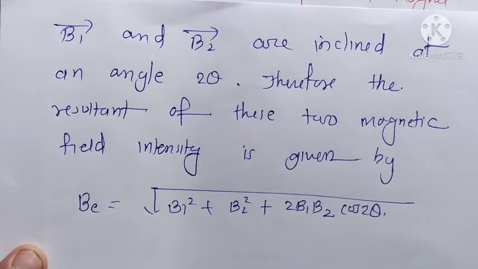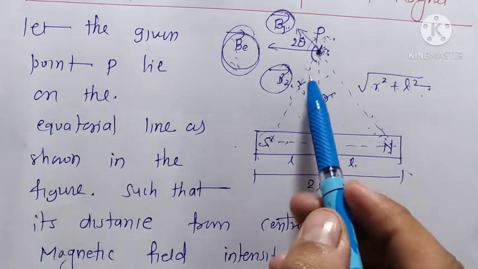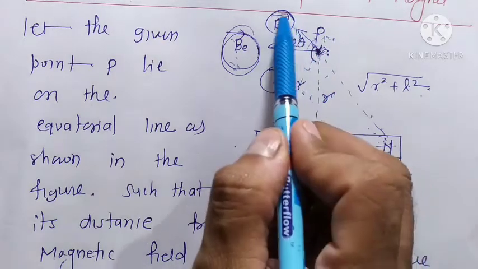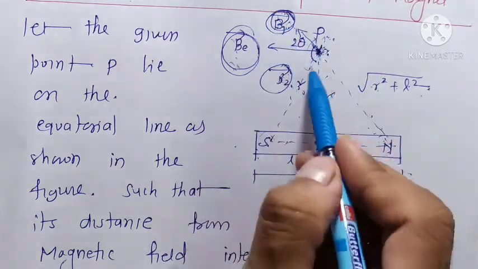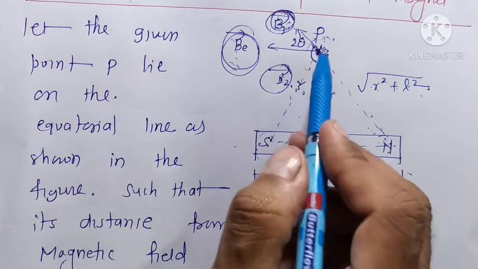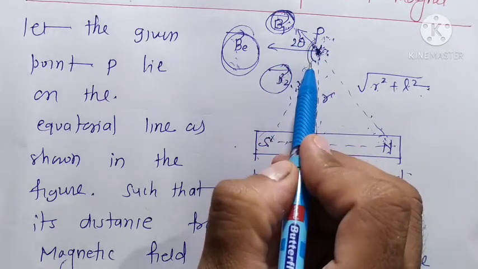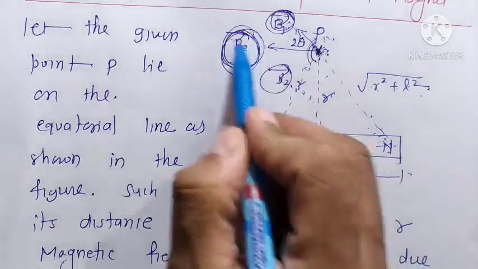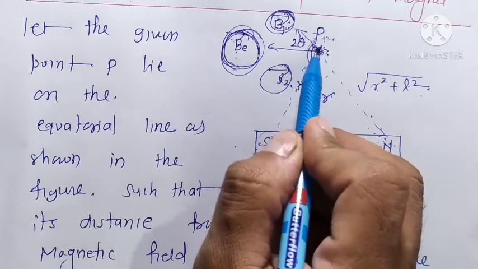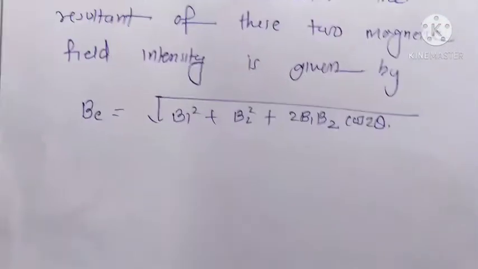We already know how to find the resultant: B1 works along this direction and B2 works along this direction, and the angle between both of them is 2 theta. So now we have to find the resultant magnetic field intensity at point P.